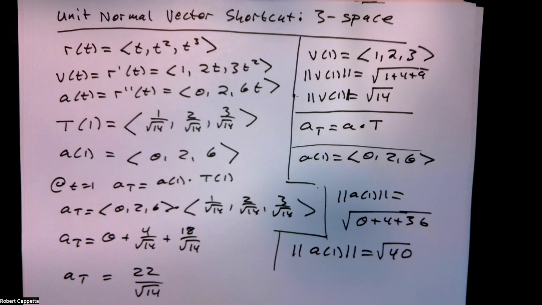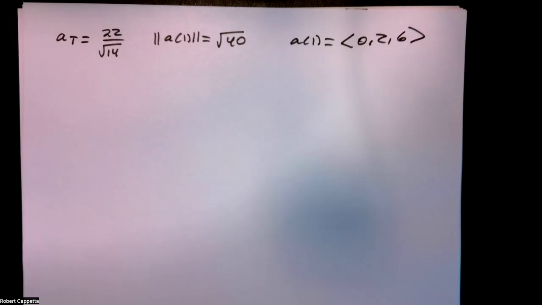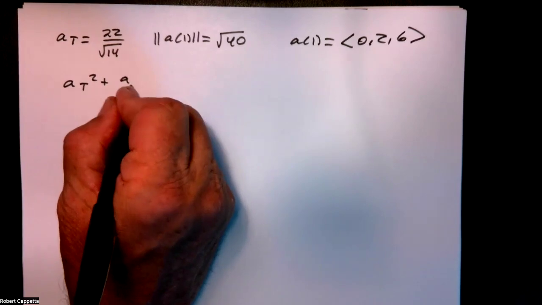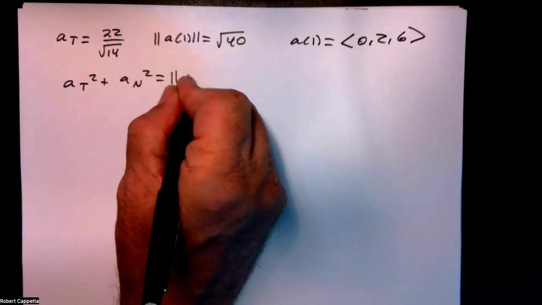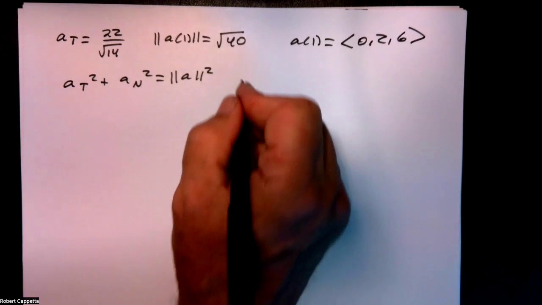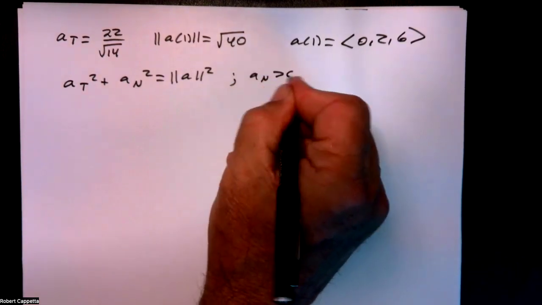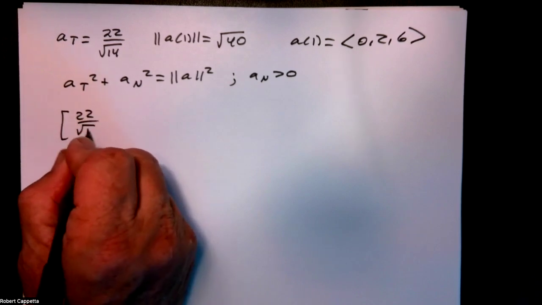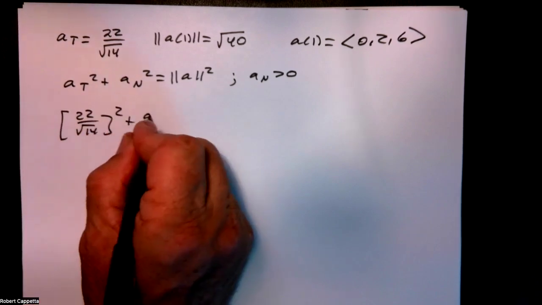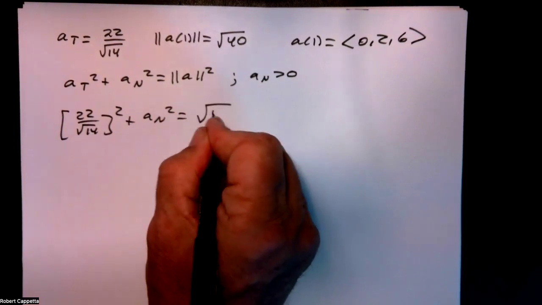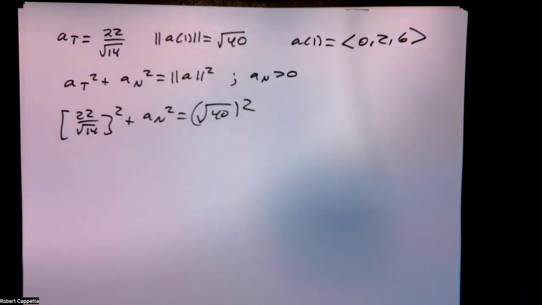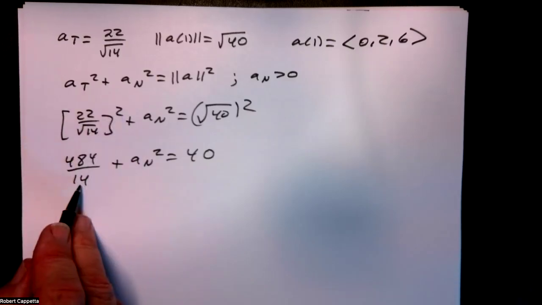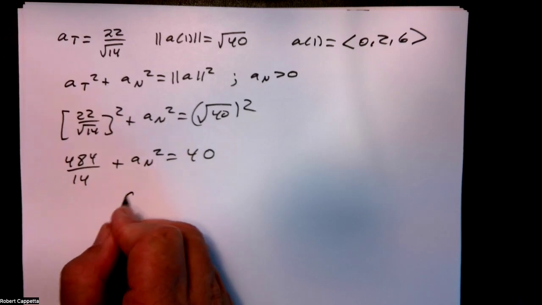So let's remind ourselves of that process. Here's some relevant information, and we recall that a sub t squared plus a sub n squared is the magnitude of a squared, and a sub n has got to be positive. So 22 over root 14 squared, plus a sub n squared is root 40 squared. So squaring 22, I get 484. Root 14 squared is 14, plus a n squared is 40.